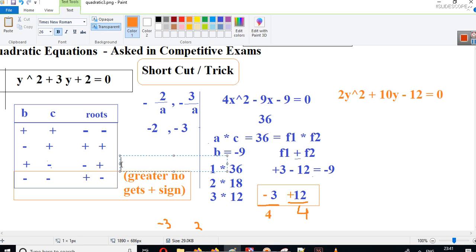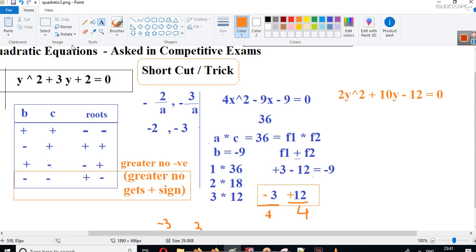So greater number negative. We will see this example and then you will very easily understand. Now let's try to calculate this as quickly as possible. So again, to calculate the factors, first we have to multiply 12 and 2.